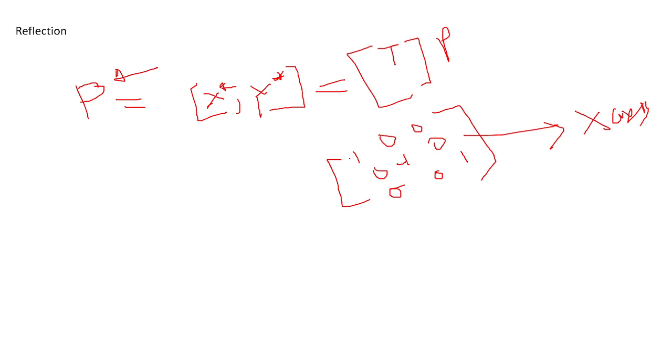The coordinate will be negative. Yes, x. That will be changed to minus 1 0 0, 0 1 0, 0 0 1. Am I right or wrong?